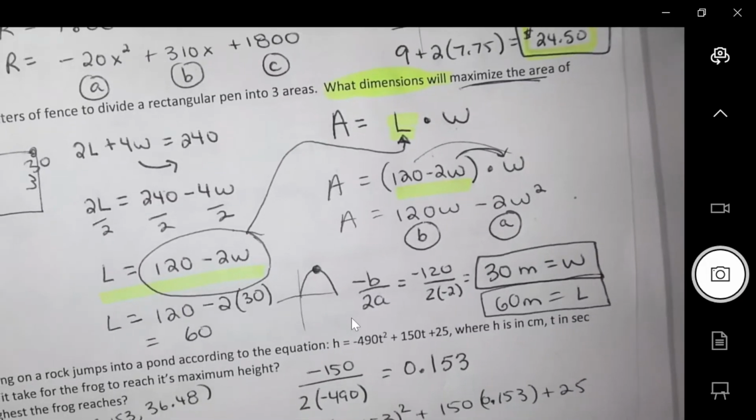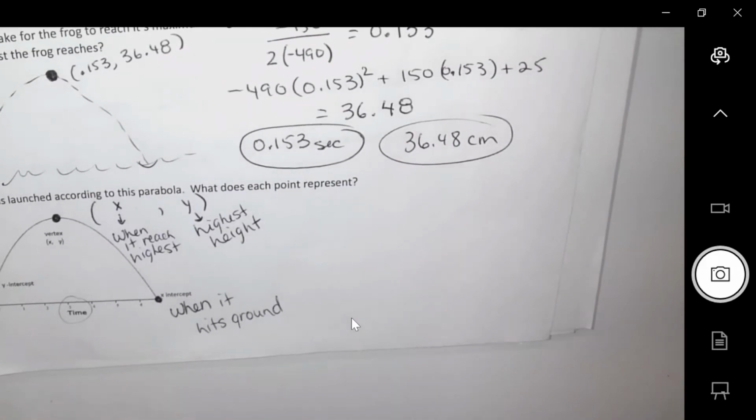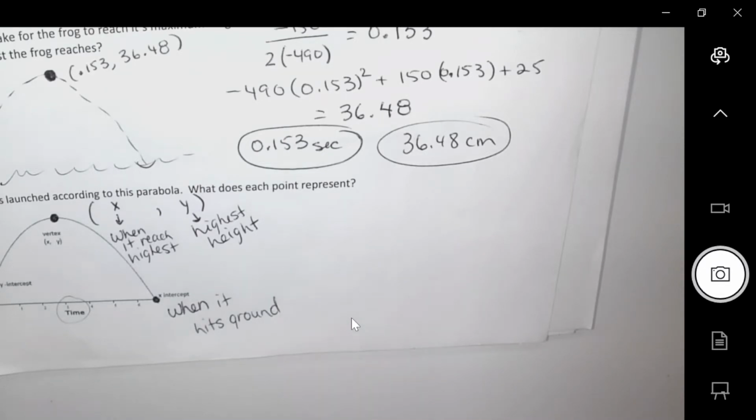Okay, we've done these already, but I just want to remind you. So when you're doing a problem where I've actually given you the equation, you're just analyzing it. You get that vertex, negative b over 2a, plug in. You get that vertex, but you need to understand what's happening.